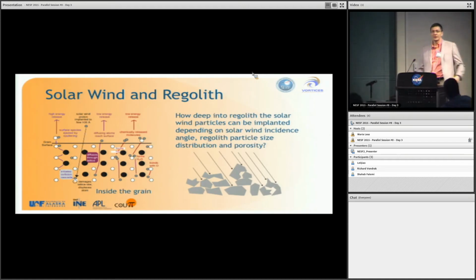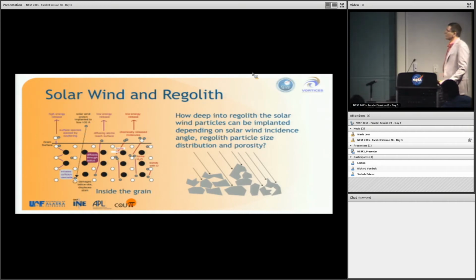As you heard from, for example, Larry Taylor's talk, solar wind is important for studying the processes of volatile transport in lunar regolith.